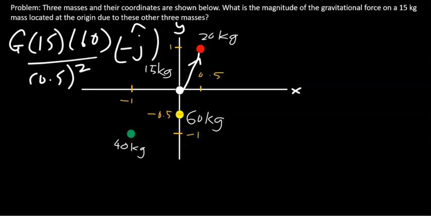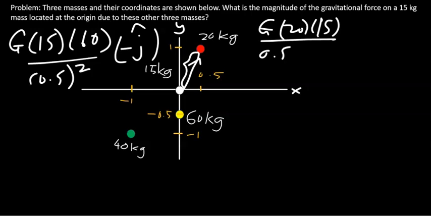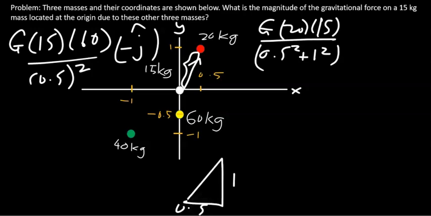So let's calculate the magnitude. The magnitude is G times the product of the masses, 20 times 15. The distance between them is this diagonal distance, and that is given by 0.5 squared plus 1 squared, because this is 1, this is 0.5, so that diagonal distance squared is just that.